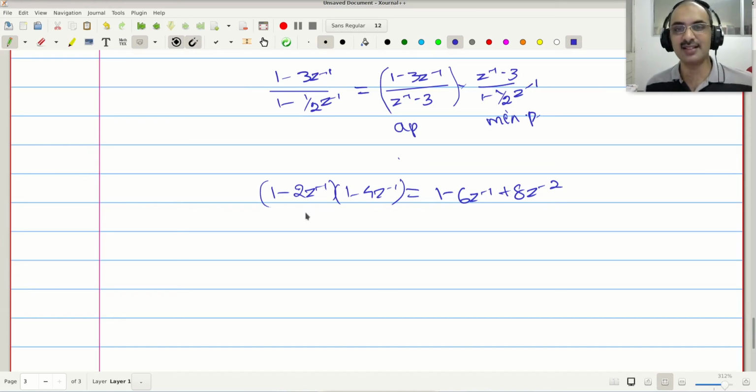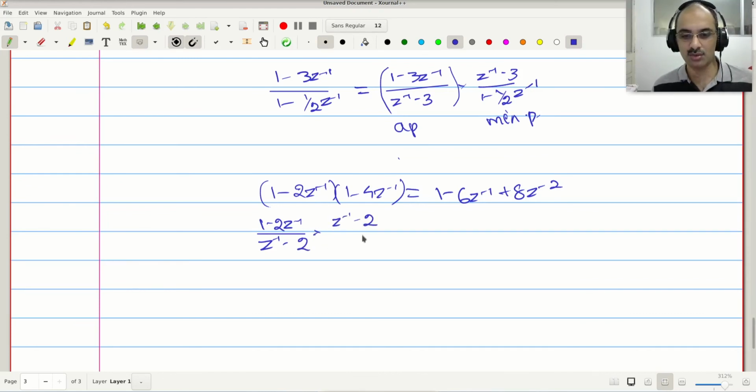But can we write this as an all pass multiplied by a minimum phase? Again, notice that when you have 1 minus 2 z inverse, I can write (1 minus 2 z inverse) divided by (z inverse minus 2) into (z inverse minus 2), multiplied by (1 minus 4 z inverse) divided by (z inverse minus 4) multiplied by (z inverse minus 4).